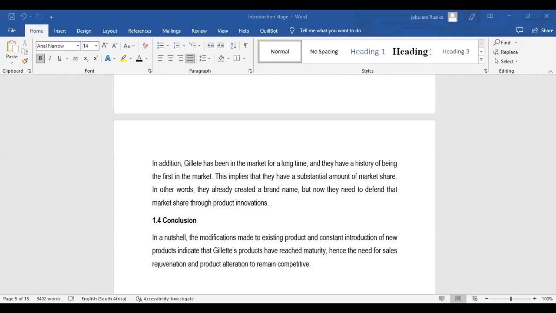But in the context of the case study, with the information that you have provided above in terms of the different stages, Gillette is in this stage because of so and so, because it matches the characteristics of the maturity stage that has been highlighted above, like for instance intense competition, high sales growth and so on. And then you support it with what? With the literature in the case study. By so doing that, you should be able to get the maximum marks.